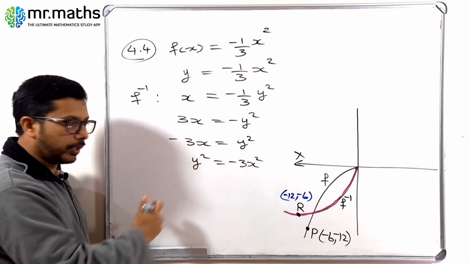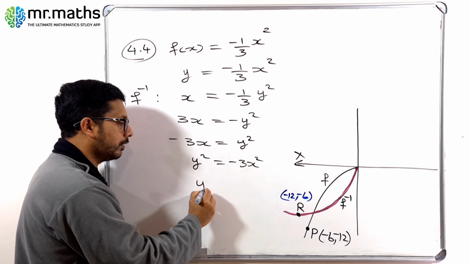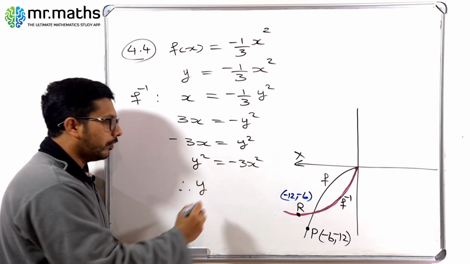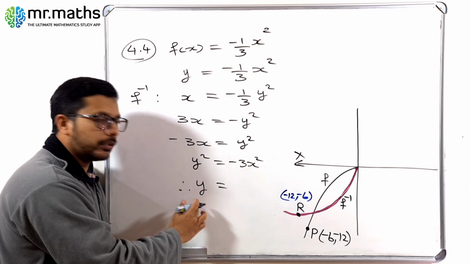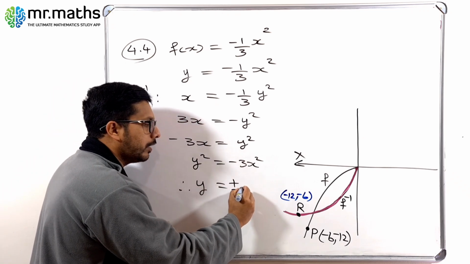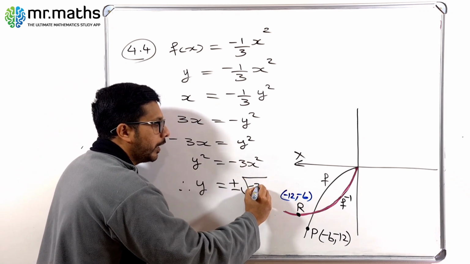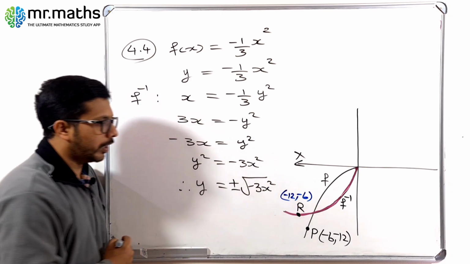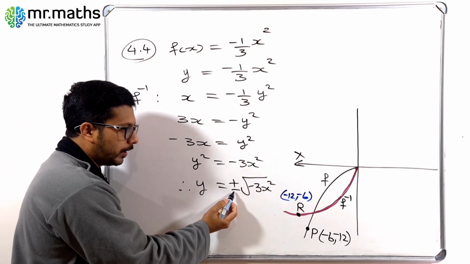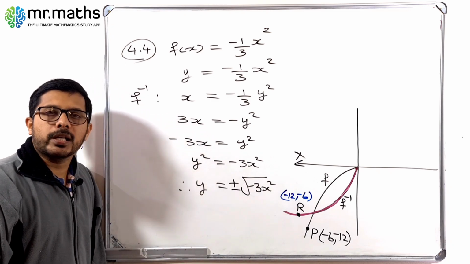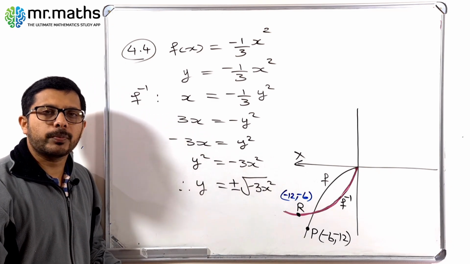So what is y? Y square is equal to this one. So what is y? Y is equal to plus or minus root of minus 3x square. It is very important to write like that. Why is it plus or minus?